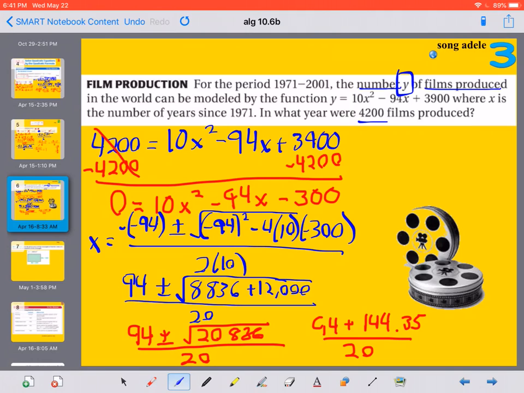Now because I'm running out of room, I'm going to put 94 minus 144.35 over 20 up here. So if I solve these problems, I'm going to do 94 minus 144.35 divided by 20 gives me a negative 2.5.